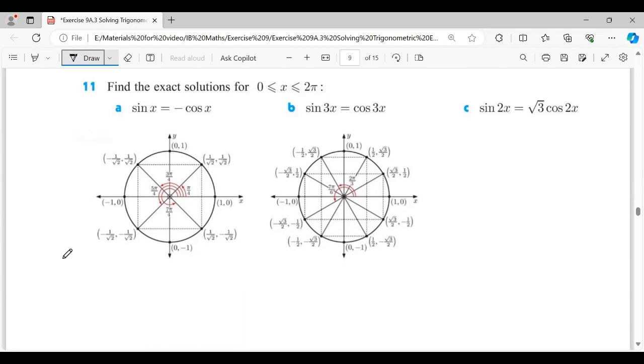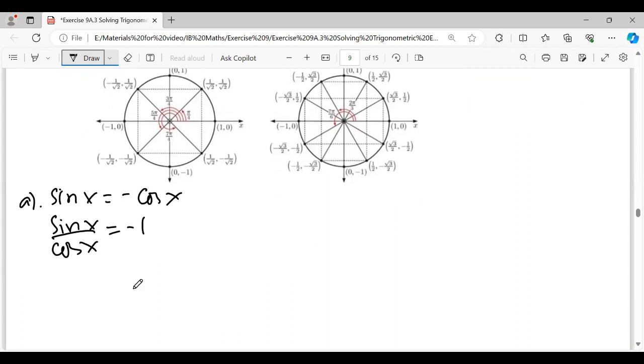Sine x equals negative cosine x. It will be sine x over cosine x equals negative 1. Okay, sine x over cosine x is tangent. Tangent x equals negative 1.